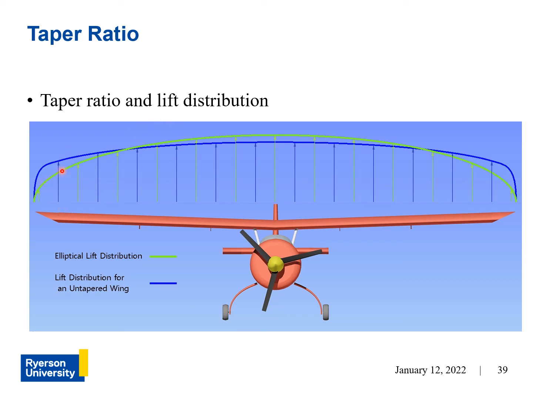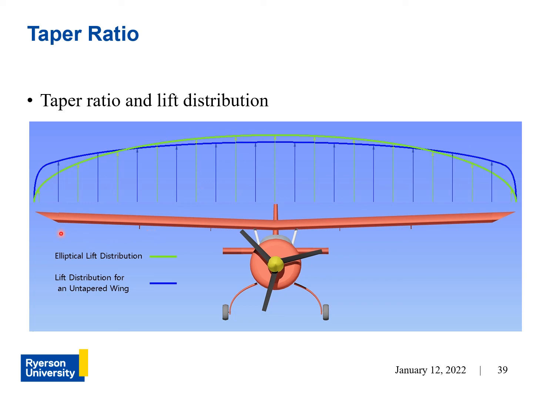So to get the most efficient lift distribution along the wing, you have to have something called an elliptical distribution, and it's seen here by this green plot, this green distribution.